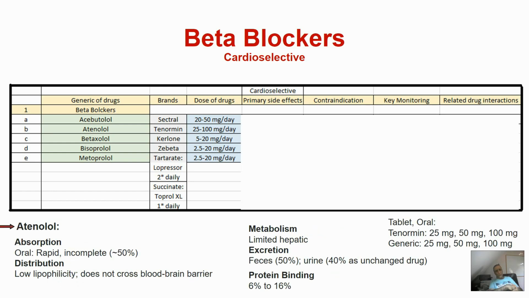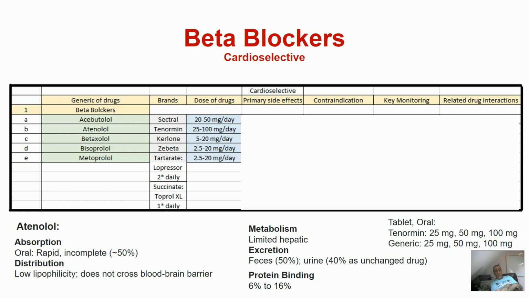The second of the cardioselective beta blockers is Atenolol. Oral absorption is rapid but incomplete, because around 50% of this drug is absorbed. Because of low lipophilicity, it does not cross the blood-brain barrier, so we don't have dizziness or any CNS side effects.